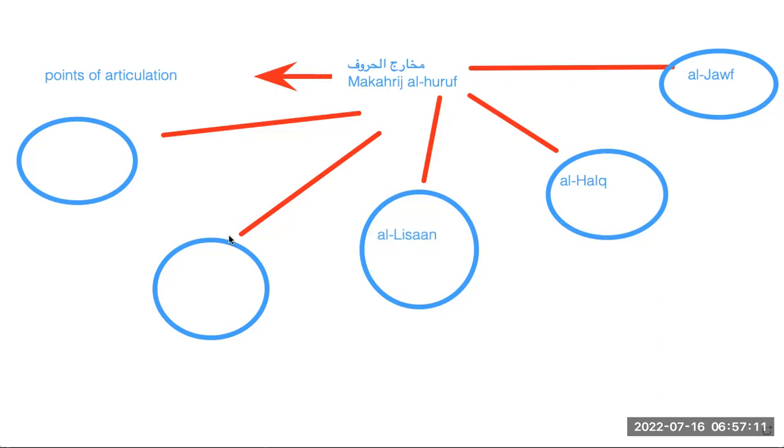What is Al-Lisan? The tongue. Al-Shafatan. What is Al-Shafatan? The two lips.